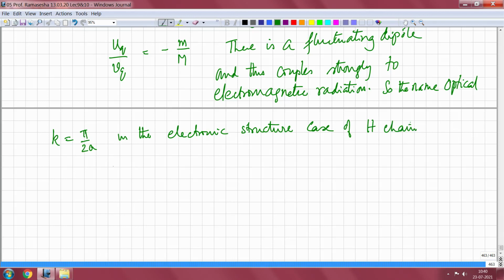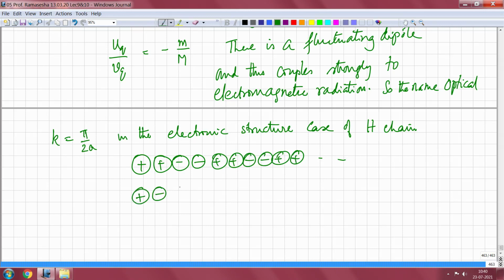What we had was the following: plus plus, minus minus, plus plus, minus minus, plus plus, minus minus, and so forth, and that was one state, and the other state was plus minus, minus plus, plus minus, minus plus, plus minus, and so on and so forth.